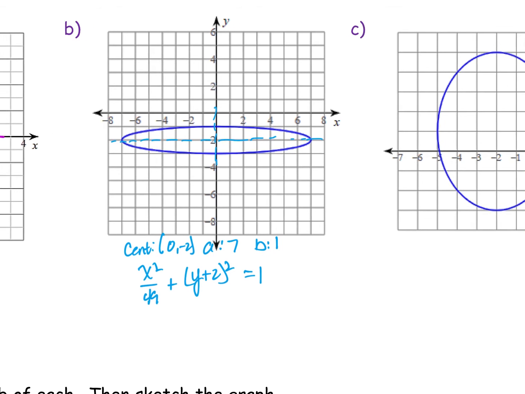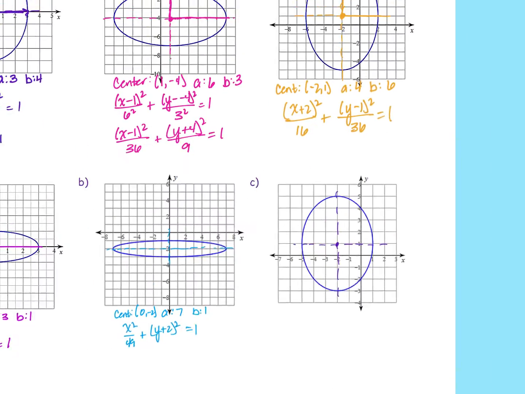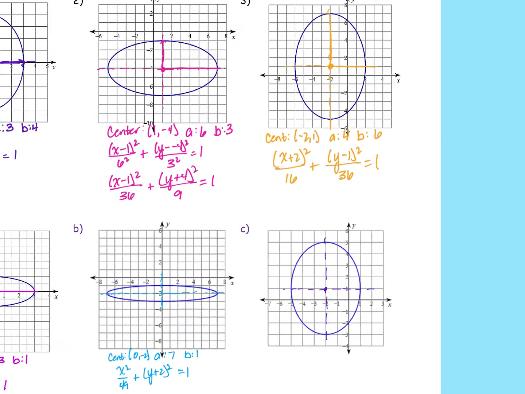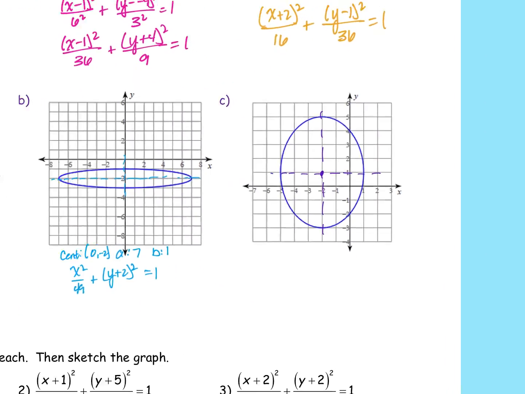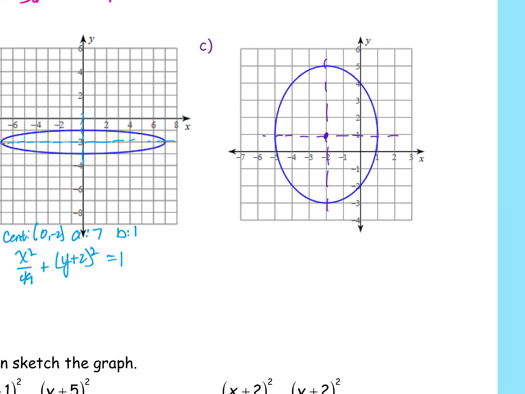Beautiful. And then C, here and here. They're not quite the same, are they? Okay. My center is (-2, -1).